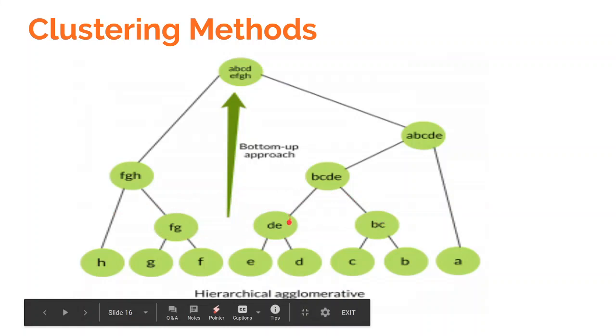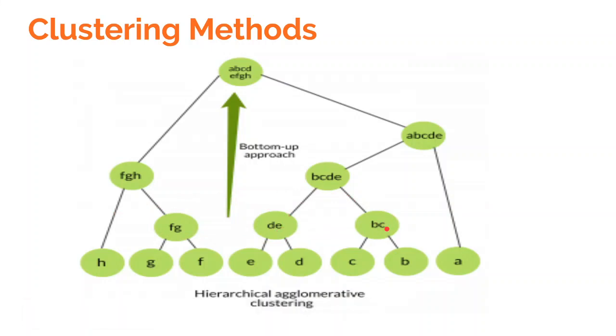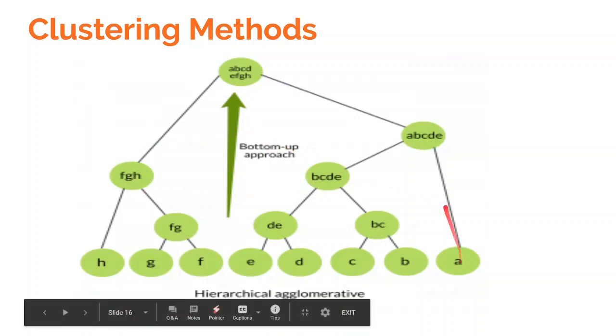Then later on, DE and BC are merged together to form BCDE cluster. In this stage, FGH and BCDE clusters are similar groups of objects. Now, this BCDE cluster is merged with A cluster to form ABCDE cluster.